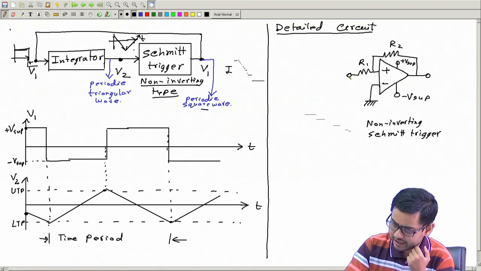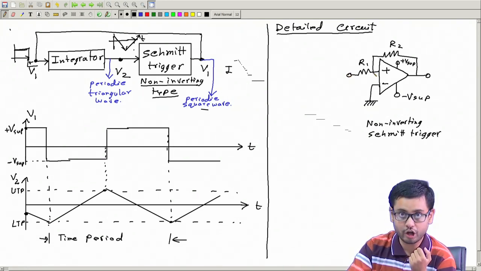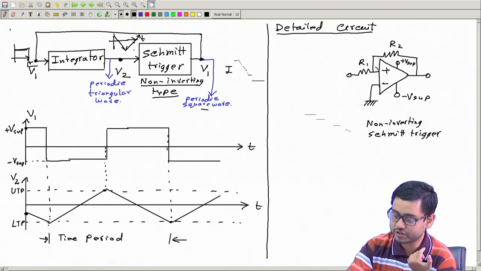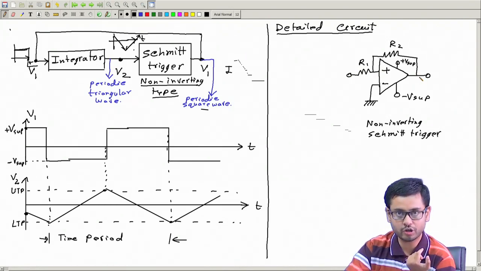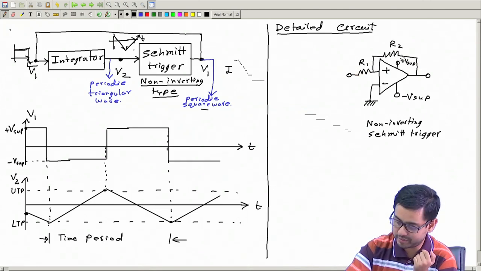If I keep increasing this input, then this voltage will also go up, and at some point it will become more than 0 and make the output also positive. So output increases with input. Input and output have a similar behavior. So this is the non-inverting Schmitt trigger, what we exactly want here.